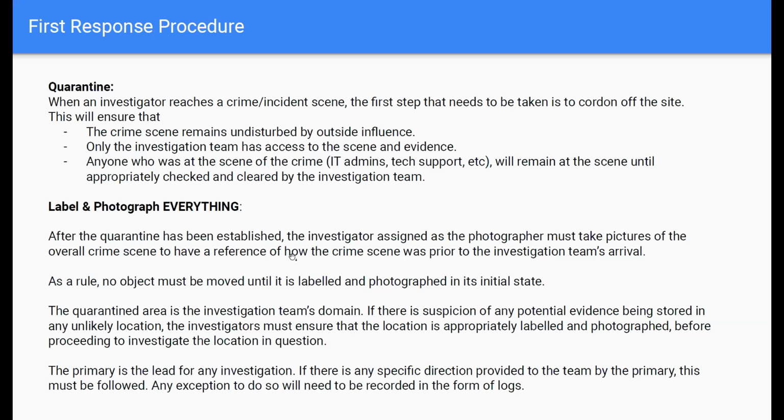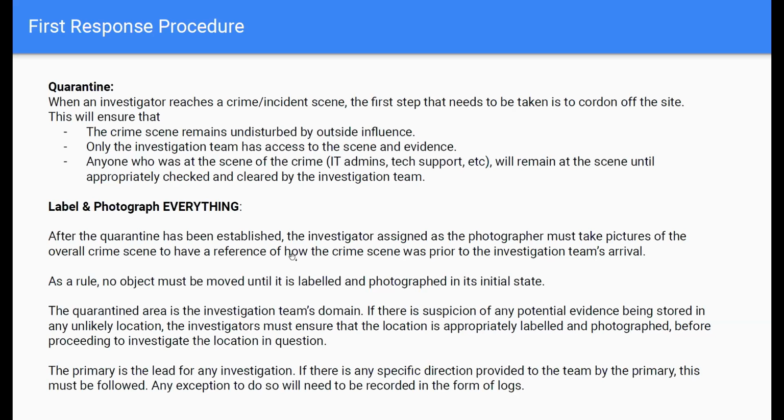It's always good to double check. It's okay to be redundant as long as you're thorough. So get testimonies from anybody who's on site and any witnesses potentially. Even if there's somebody who was standing close by to that room, talk to them and see if they saw anything unusual.